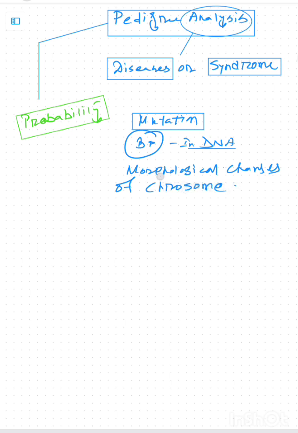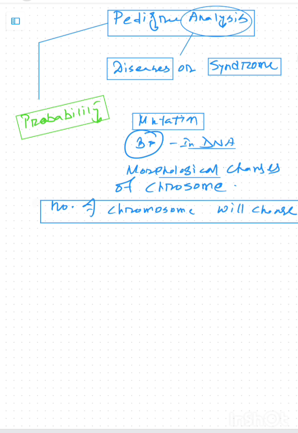We know about Cri-du-chat syndrome on the fifth chromosome. If it is deleted, then that syndrome will be caused. Another thing is, if the number of chromosomes changes, then it also comes under mutations, because due to mutations, a part of a chromosome may be deleted, or chromosomes may be added or deleted.